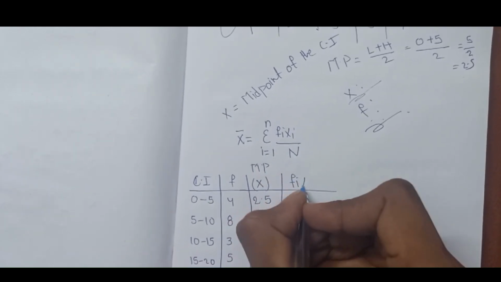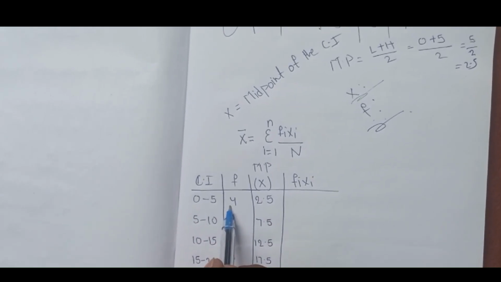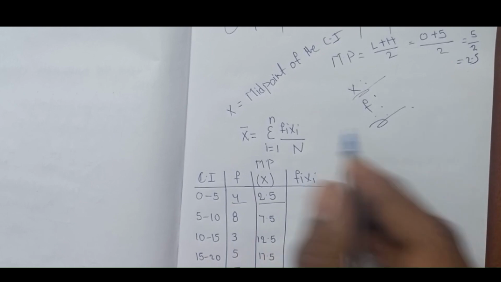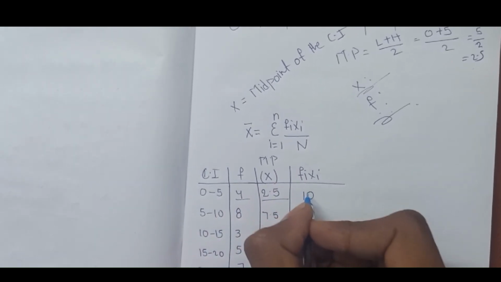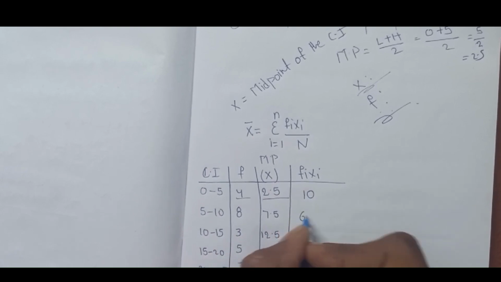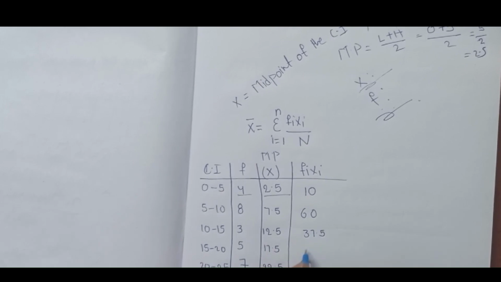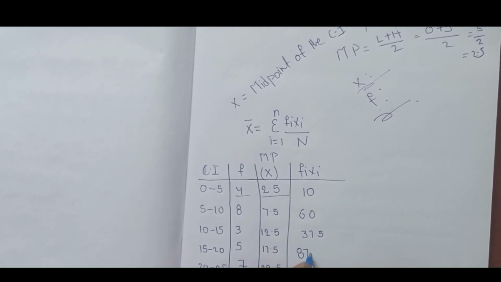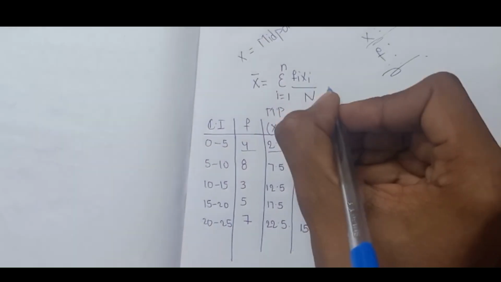What is fi into xi? That is the product of frequency and the respective value of x. Here 4 into 2.5 is 10, 8 into 7.5 is 60, 3 into 12.5 is 37.5, similarly 87.5 and 157.5.